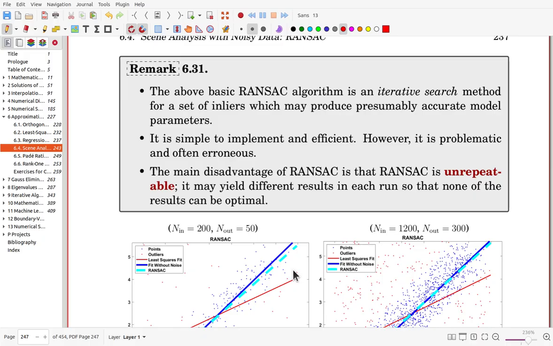However, it is problematic and often erroneous, because after a certain number of searches it stops, and the output after finishing one round of computation is not really the same. This means the RANSAC algorithm is not repeatable, and it may yield different results in each run, so none of the results can be optimal.